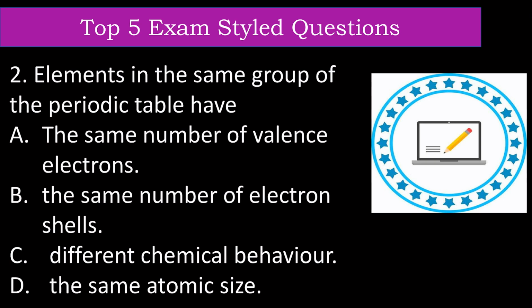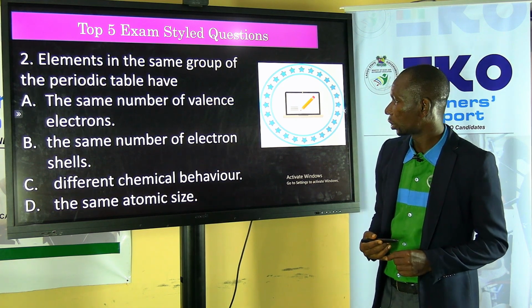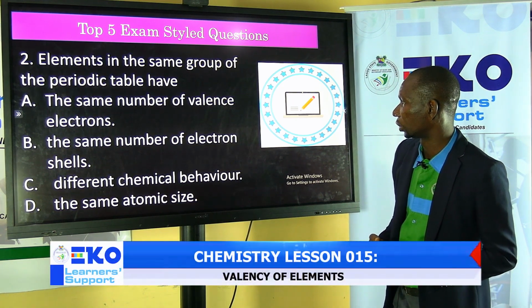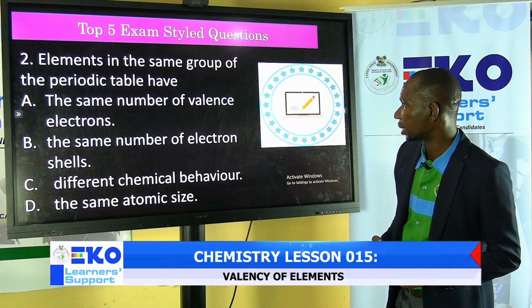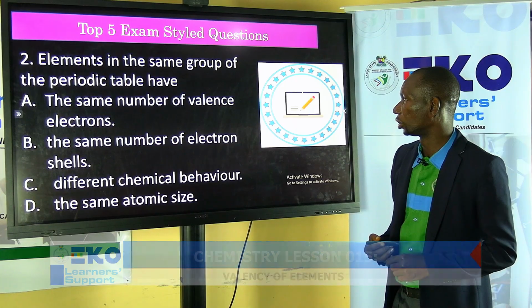Elements in the same group of the periodic table have A, the same number of valence electrons, B, the same number of electron shell, C, different chemical behavior, D, the same atomic size. What's the correct option? Yes.